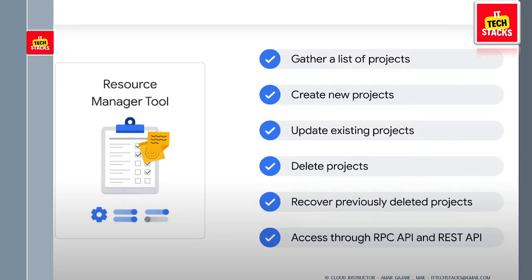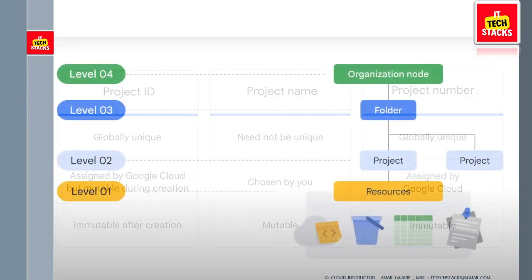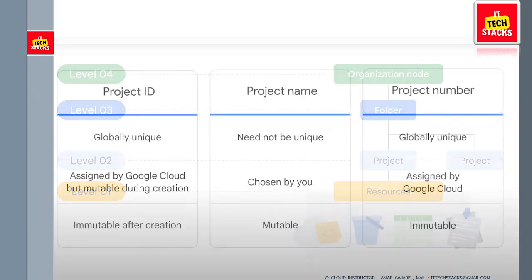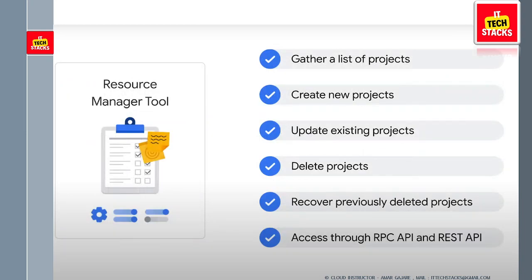Okay, the Resource Manager tool. So what is the Resource Manager tool? The Google Cloud Resource Manager tool is designed to programmatically help you manage projects. We maintain multiple projects, so how do we manage them? Google provides a tool called Resource Manager.